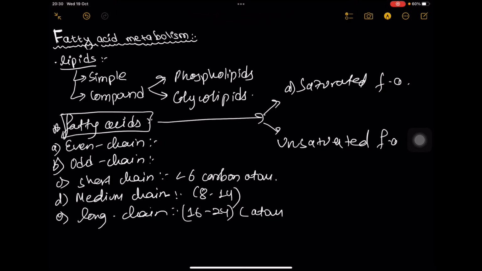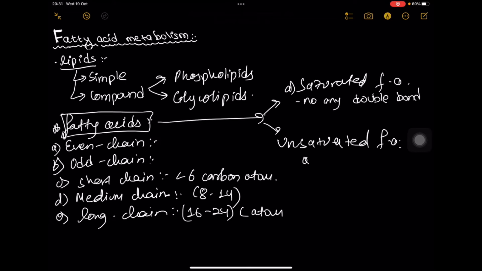If the hydrocarbon contains only single bonds, with no double bond, then we call it a saturated fatty acid. Examples are palmitic acid and stearic acid. Another is the unsaturated fatty acid, which contains one or more than one double bond.